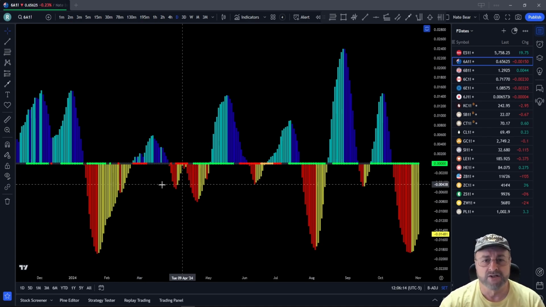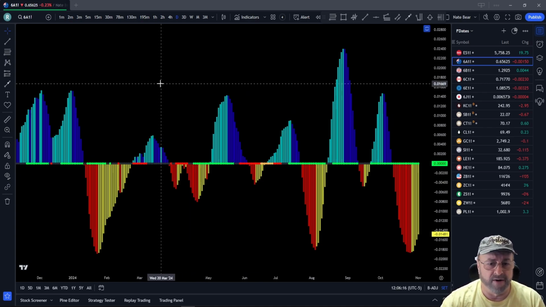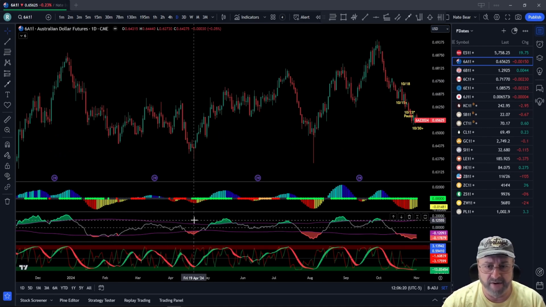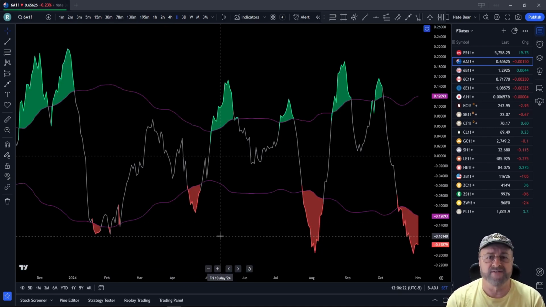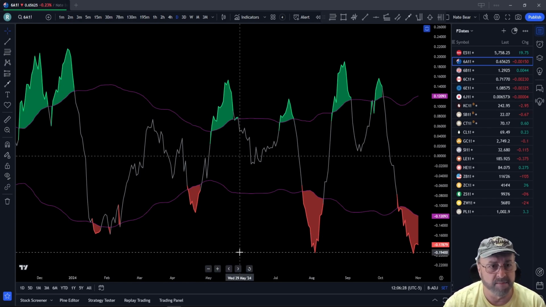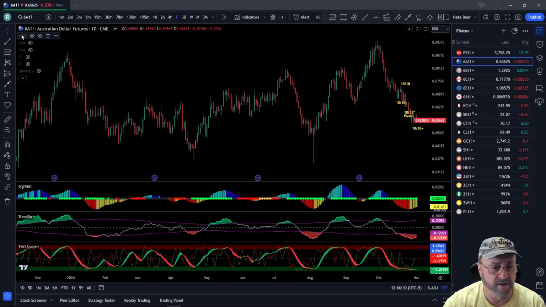All right, so let me show you another indicator. For example, this next indicator is an RSI. It's a different RSI than the other one. Let me see if I can pull up its name here. It's called Trendio.